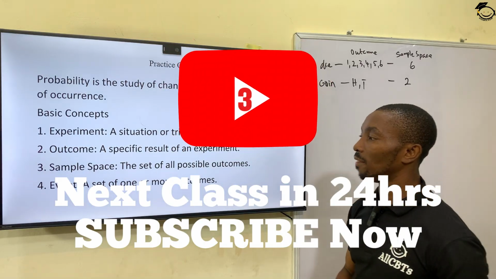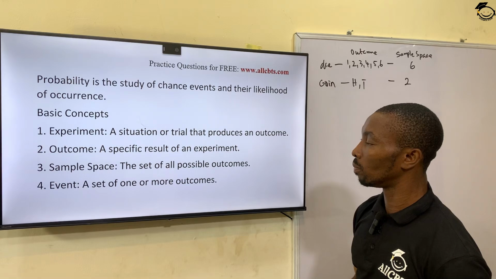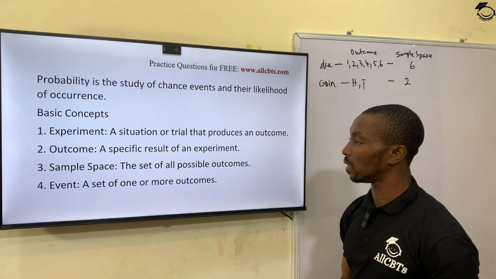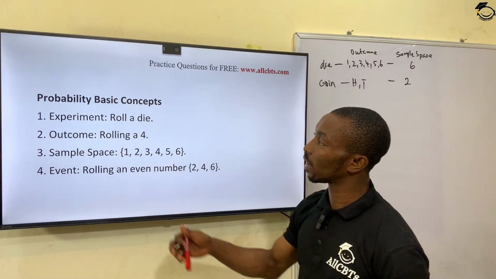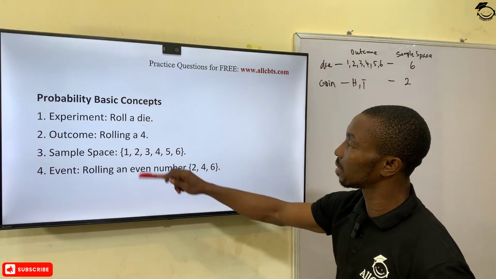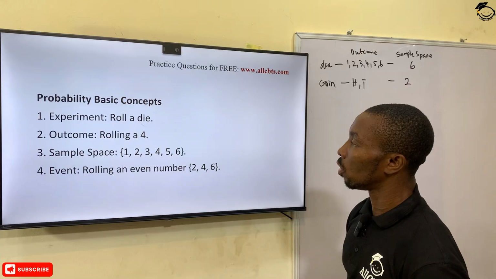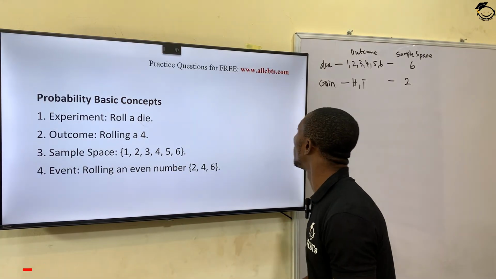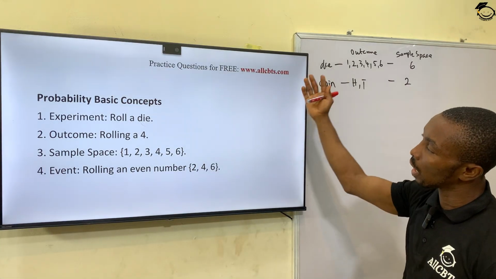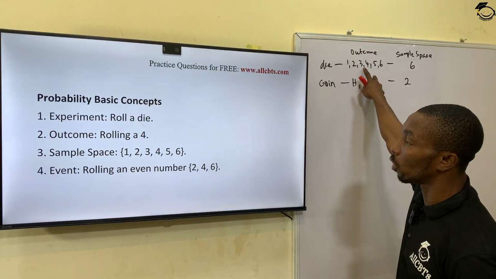Now an event is a set of one or more outcomes. One or more outcomes form our event, just like we've explained before. Now, an experiment, like we said, is rolling of a die or tossing of a coin. A possible outcome is getting any of those numbers, like rolling a 4, or a 3 or a 2.